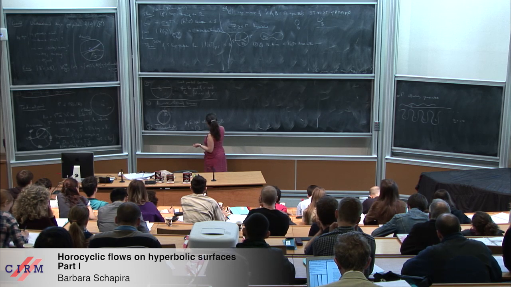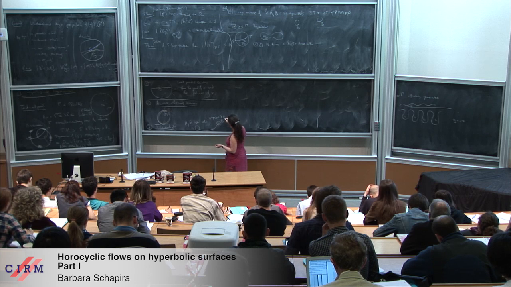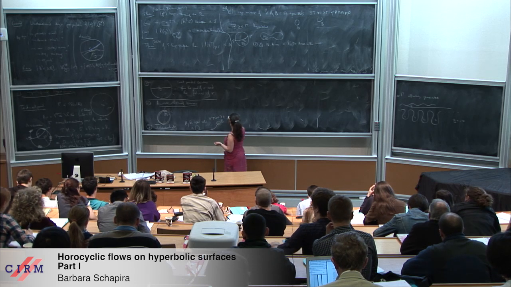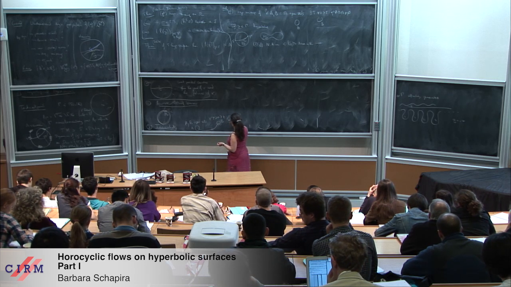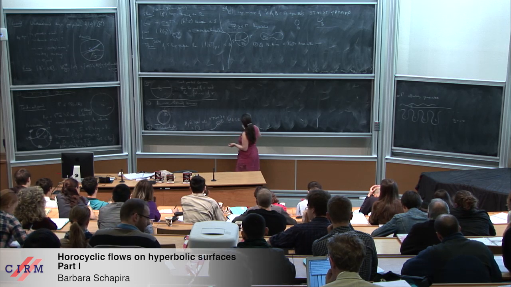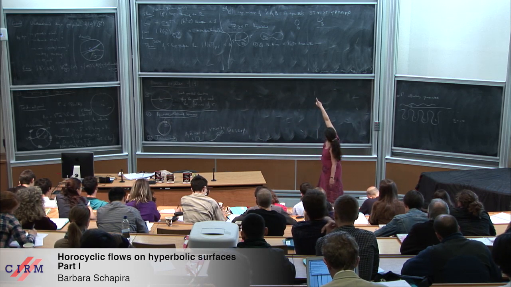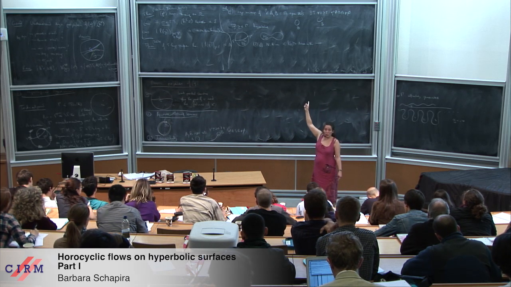So for all large T, there is a t larger than T such that g_t A intersects B. In general, it's much weaker than the property of mixing.